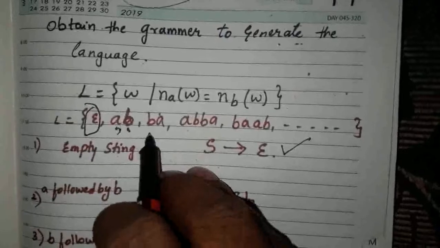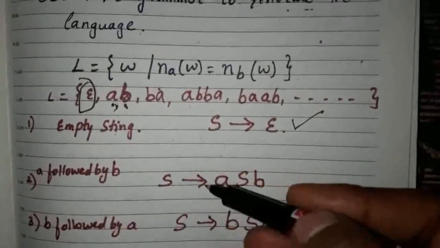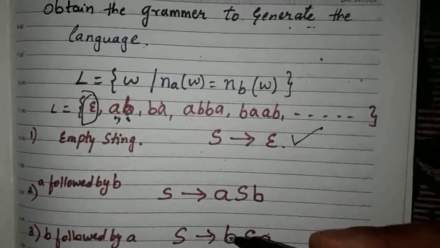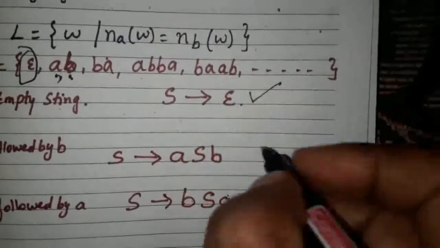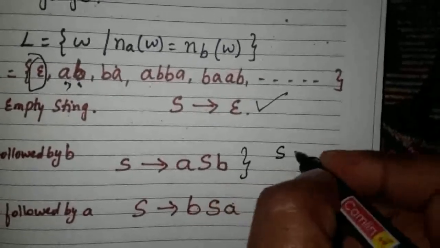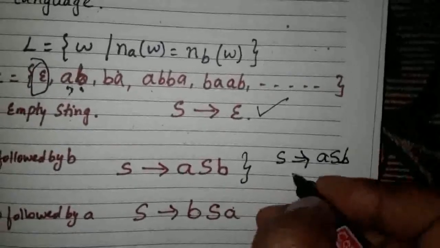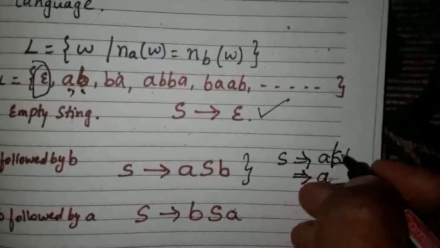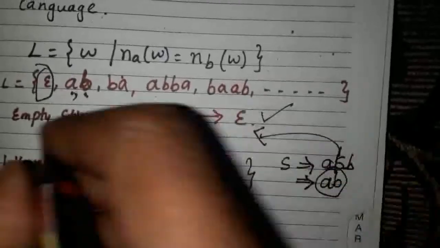If it is starting with B, it should end with A. So, see here, S tends to ASB, S tends to BSA. Now see here, look at these three productions. Here, if I derive using this, S tends to ASB, and in the next step, if I take this S as epsilon, the string would be AB. That is what you have got here.